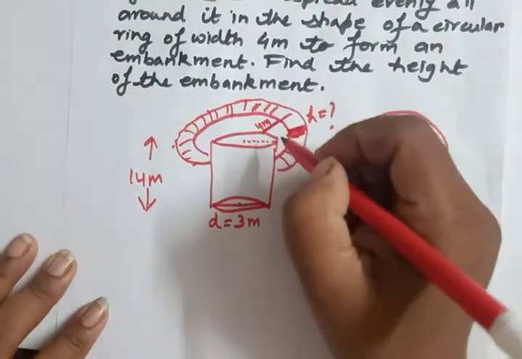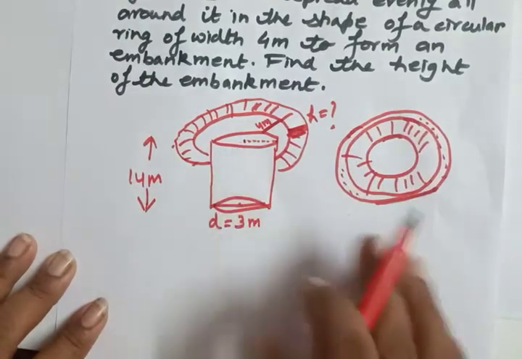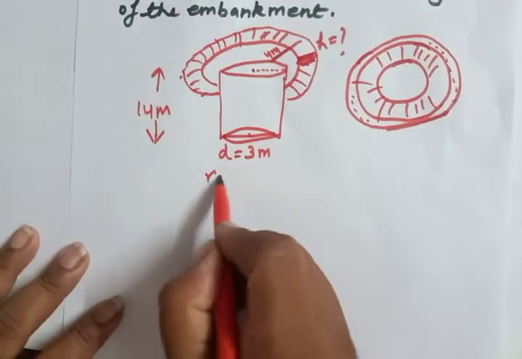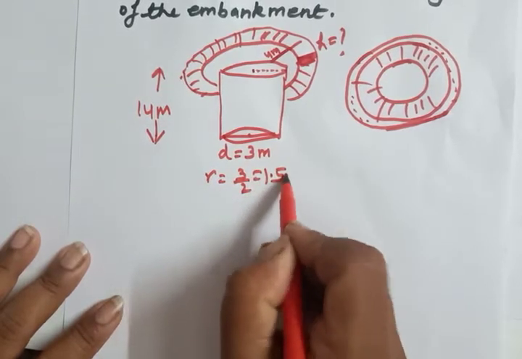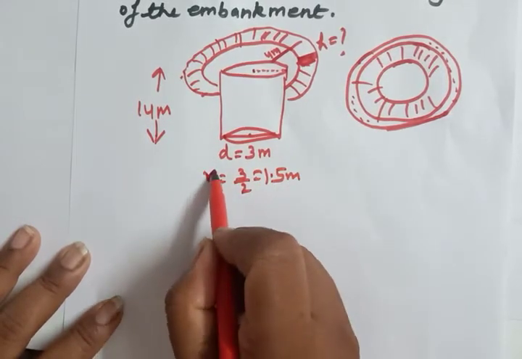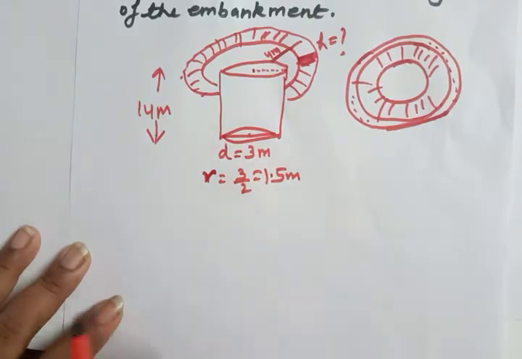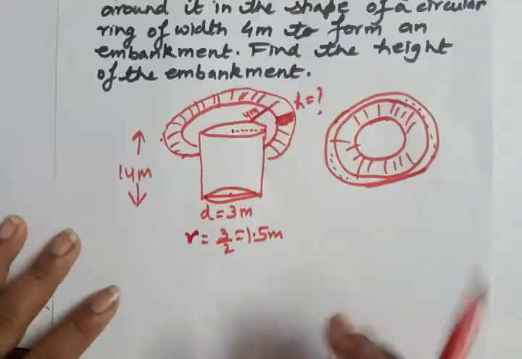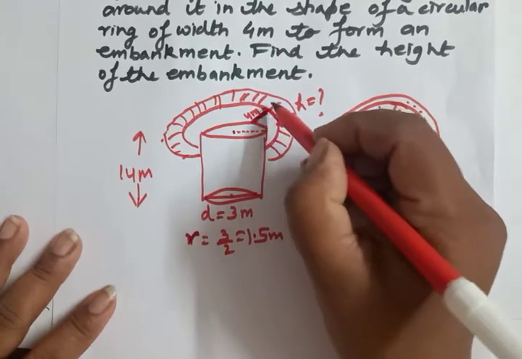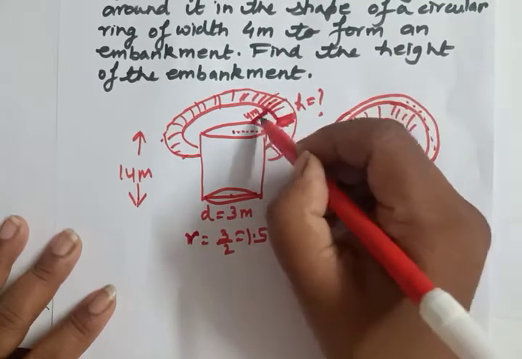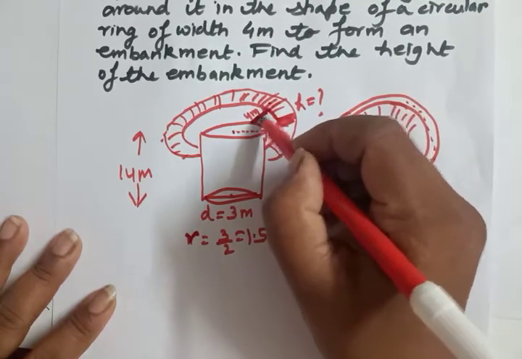Now the radius will be D upon 2, that is 3 upon 2, equal to 1.5 meter. Radius small r is of the well. And the width of the embankment is 4 meter.